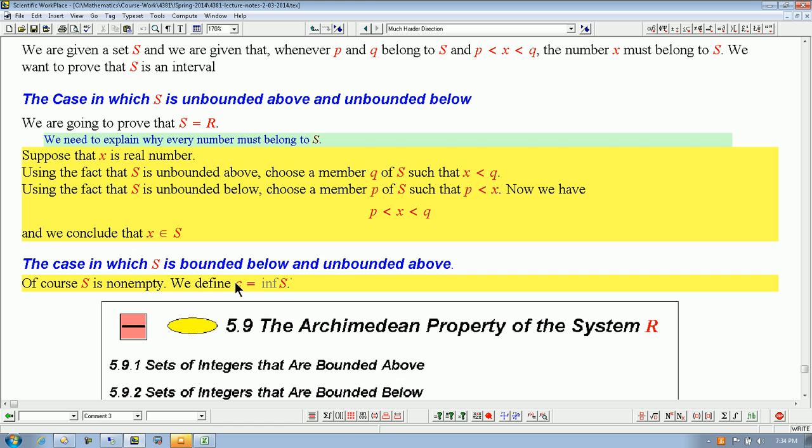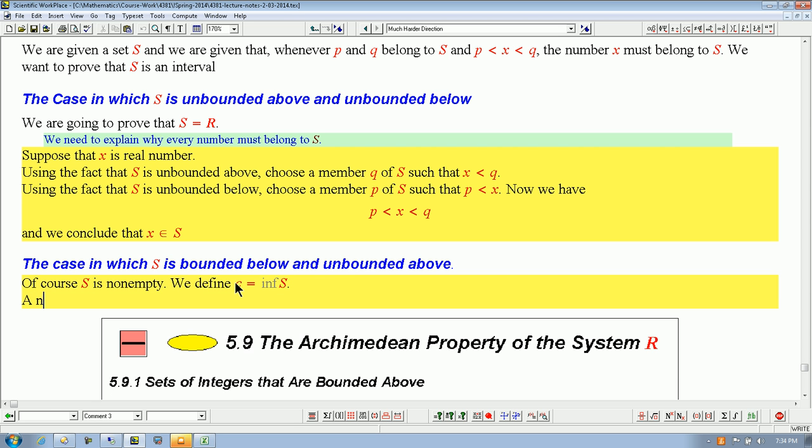Please understand a number less than C can never belong to S. Why not? C, inf S, is a lower bound of S. There can't be members below, right?